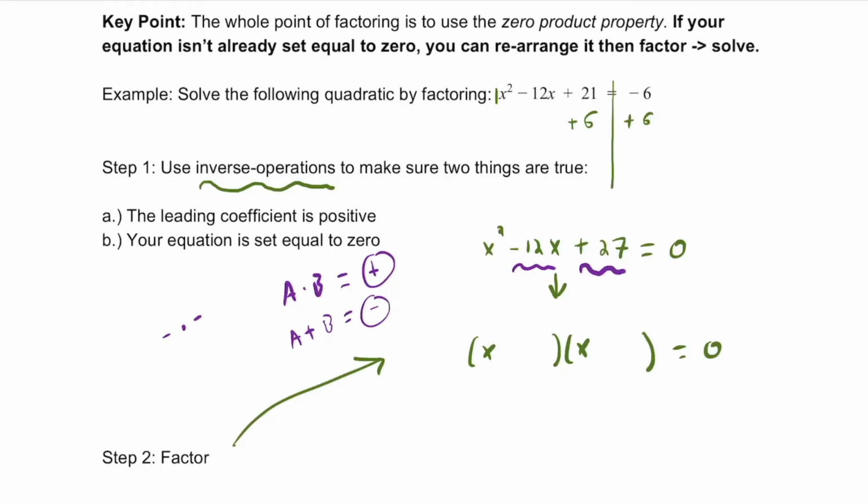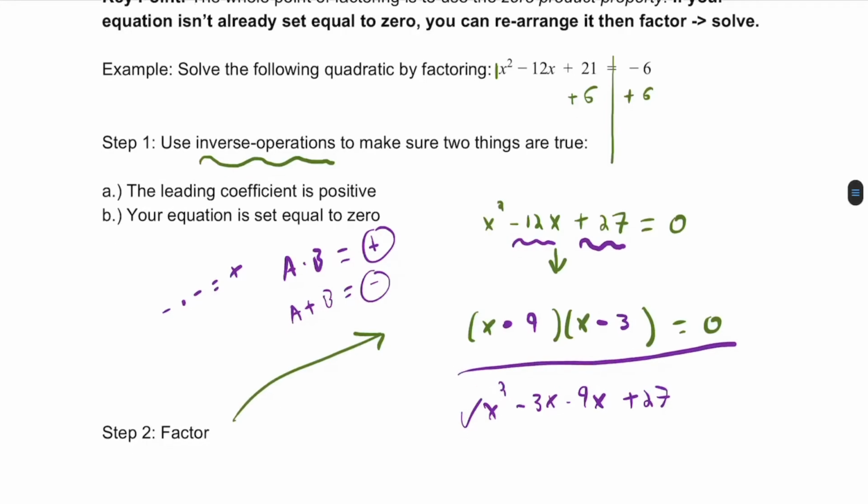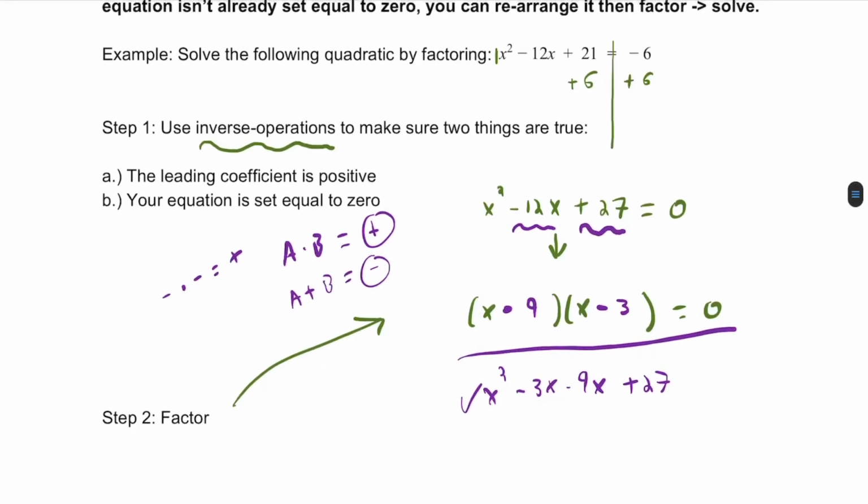The only way that's possible is if it's a negative times a negative to make a positive. So these both have to be negatives, and it turns out this is going to be negative 9 times negative 3. And just to check, x squared minus 3x minus 9x plus 27. So that checks out. We have now a much easier equation to solve.